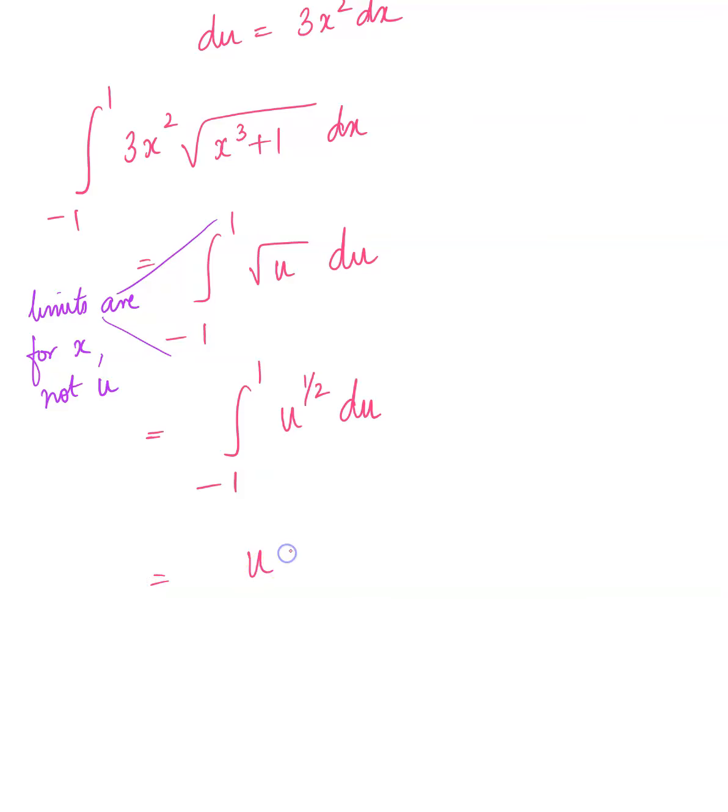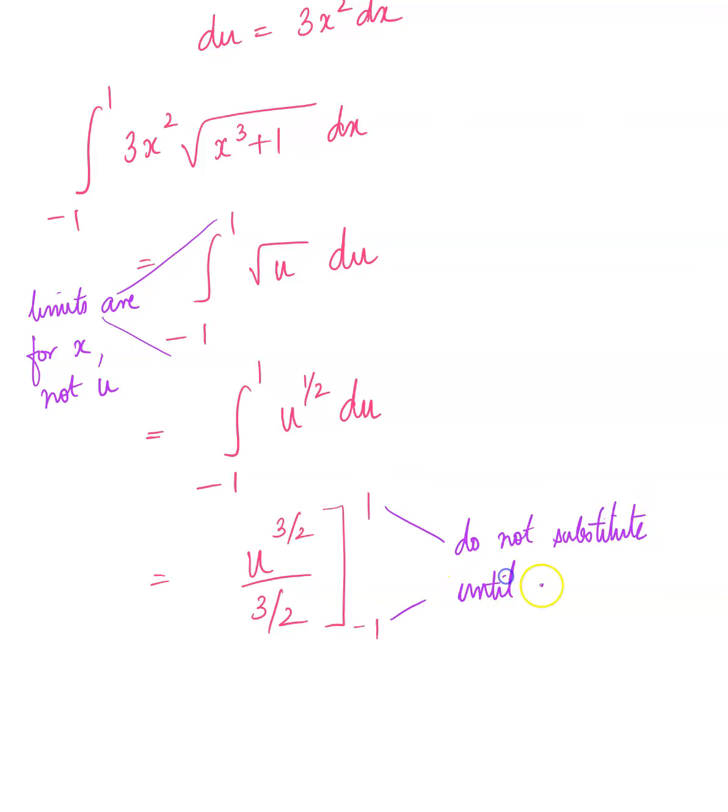So that's going to be u power half plus 1, which is 3 over 2, over 3 over 2, negative 1 to 1. Again, let me remind you: do not substitute the limits until you have replaced u with x.